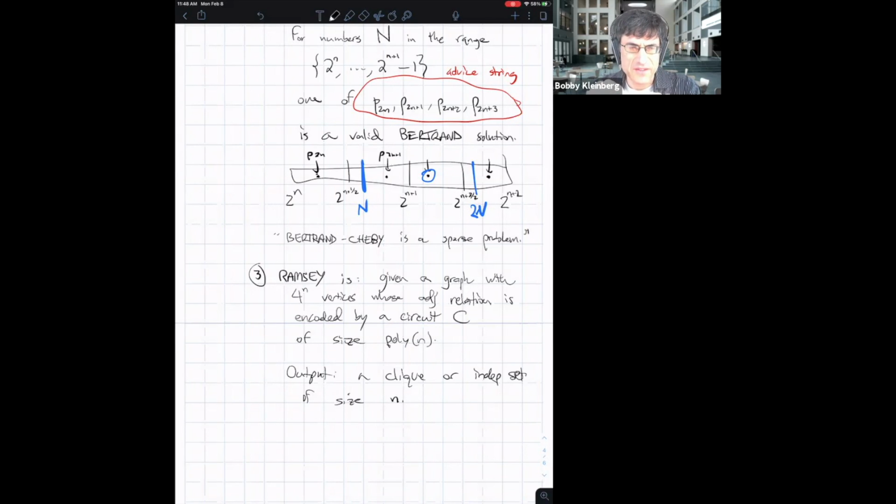And if someone gives you a candidate clique or independent set of size n, it's easy to verify that it is a clique or independent set by just calling the circuit n squared times to find the adjacency of every pair of vertices in the proposed set.